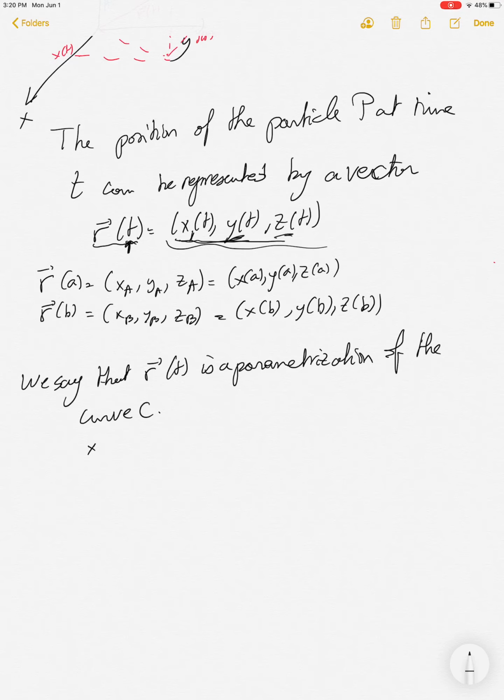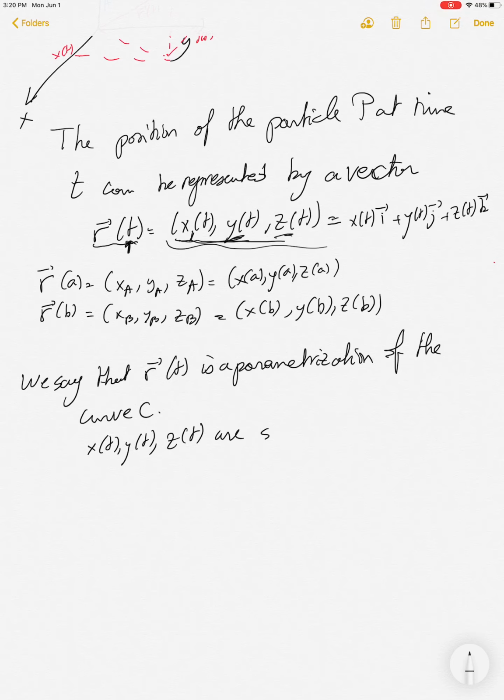Now another way to write this, r of t, is x of t i plus y of t j plus z of t k. So what are x of t, y of t, z of t?